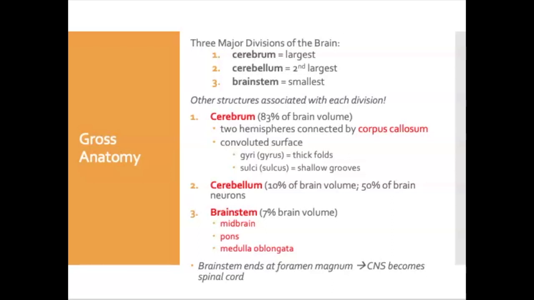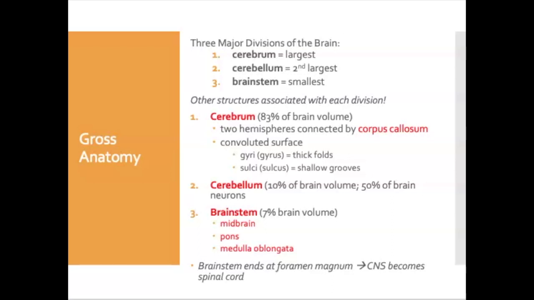And then if we take the cerebrum away, underneath the cerebrum, tucked sort of underneath, is what we refer to as the brain stem. The cerebrum is the largest division of the brain, size-wise. Second comes the cerebellum, and then third comes the brain stem. Now, it's important to remember that there are other structures in the brain, not just cerebrum, cerebellum, brainstem. And we're going to be talking about those structures and what they do.